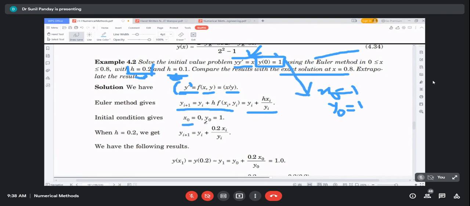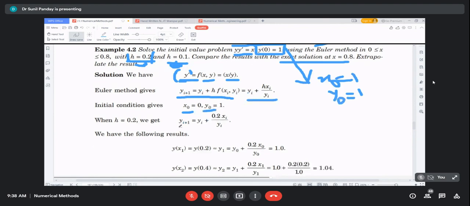So y at xi plus 1 equals yi plus h xi upon yi. Initially, we are solving taking this as the step size, so we have to calculate the solution at intervals of 0.2. So if we take h equals 0.2, we substitute the value of h here, 0.2, and then xi and yi.